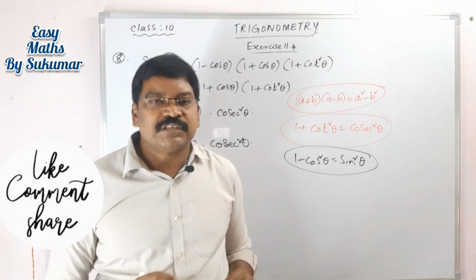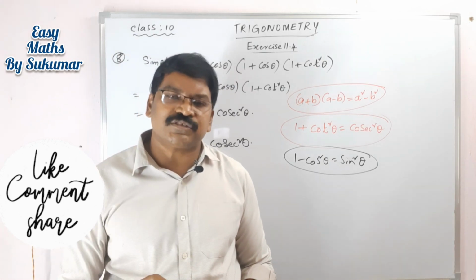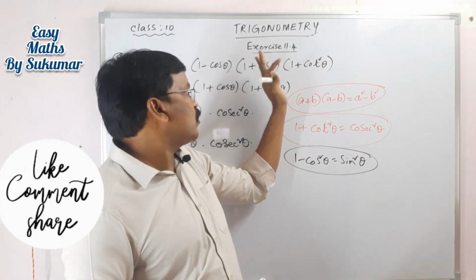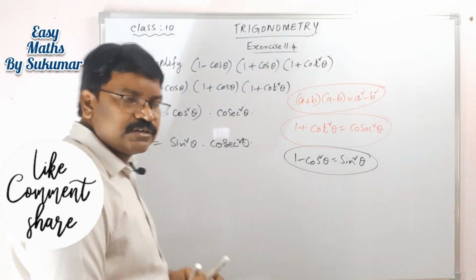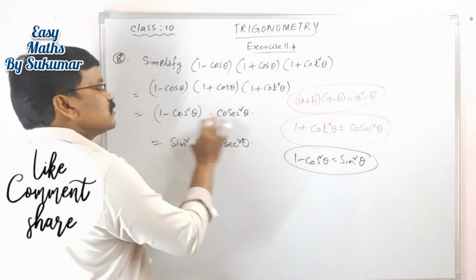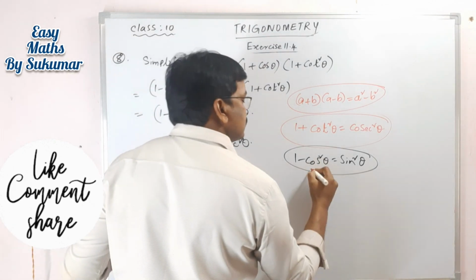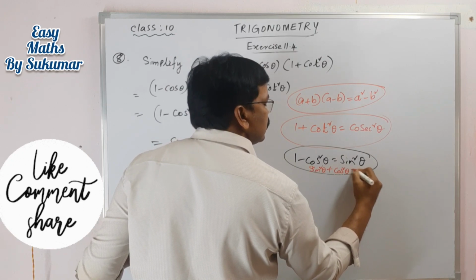In the beginning itself I told you, you must learn the identities to solve this exercise 11.4. Please learn the identities. See here, 1 minus cos square theta means sin square theta. Where do I get this? We have the identity sin square theta plus cos square theta is equal to 1.